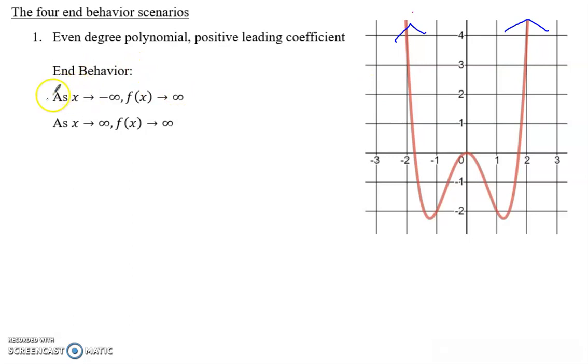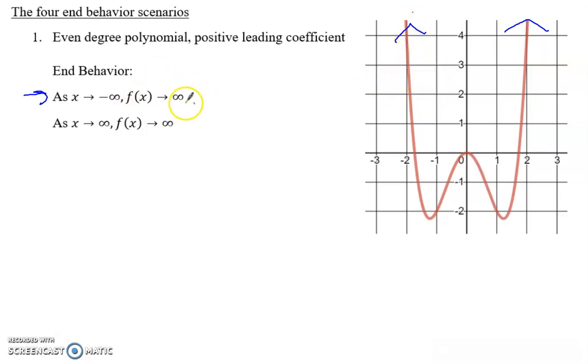We know that the end behavior, this one here, is the left end behavior, and it says as x approaches negative infinity, as we go all the way to the left, f of x approaches positive infinity. That's because for an even degree polynomial with a positive leading coefficient, as we go to the left, we are going up.